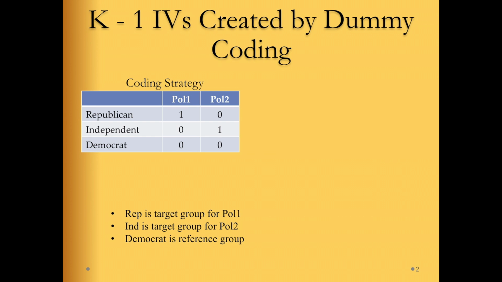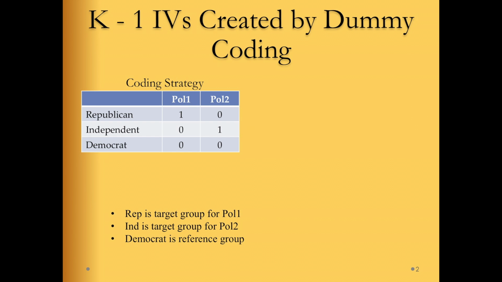In this example, I coded all Republicans 1 on a new predictor called pol1, and this would make Republicans into the target group for that independent variable. And I could code independents as 1 on the second new predictor called pol2.